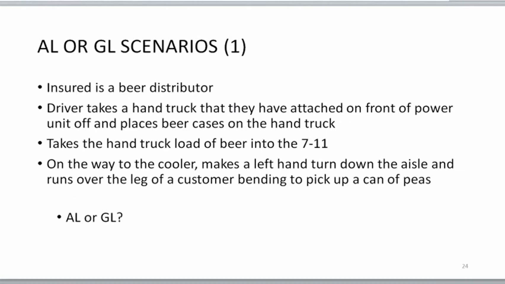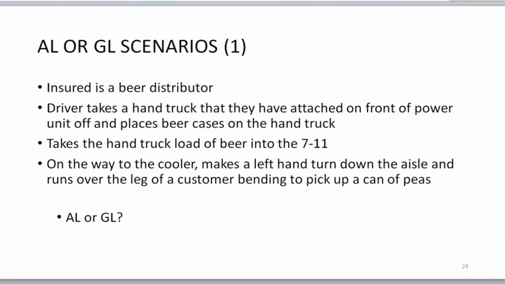The insured is a beer distributor. The driver takes a hand truck that had been attached on the front of the power unit off, places beer cases on the hand truck, and takes the hand truck load of beer into the 7-Eleven. On the way to the cooler, he makes a left-hand turn down the aisle and runs over the legs of a customer bending down to pick up a can of peas.